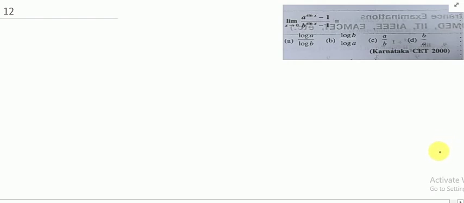Next one. It's an old Karnataka CET problem from the year 2000. Here again, (a raised to sin x minus 1) divided by (b raised to sin x minus 1), as x tends to 0. If you apply x tends to 0, sin 0 becomes 0, a raised to 0 becomes 1, therefore again it is 0 by 0 form. So if it is 0 by 0 form, we need to differentiate the numerator and denominator separately. First of all, what is the derivative of a raised to x? It is a raised to x into log a. Therefore, this is a raised to sin x into log a into the derivative of sin x, because it is a composite function.